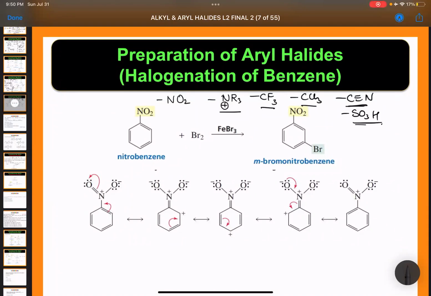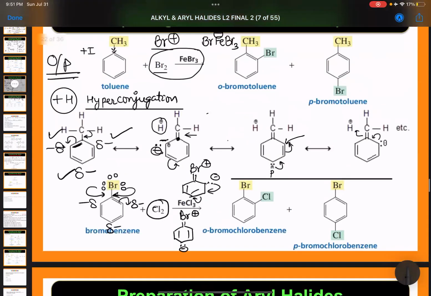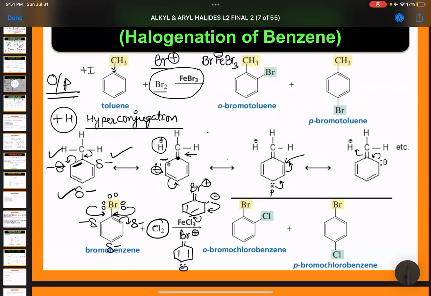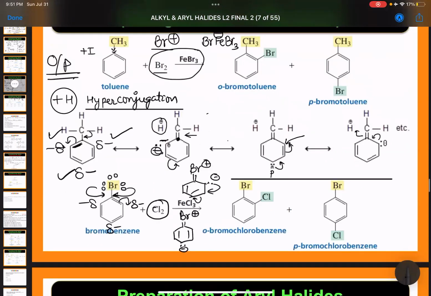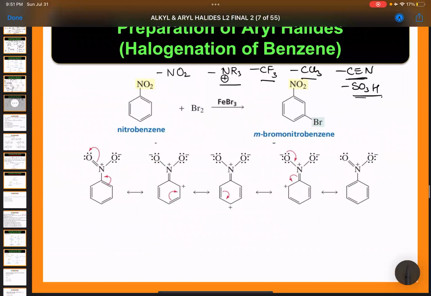Those pi electrons, you will not expect such groups to give electron density to benzene, like the way in which we did in the above cases.